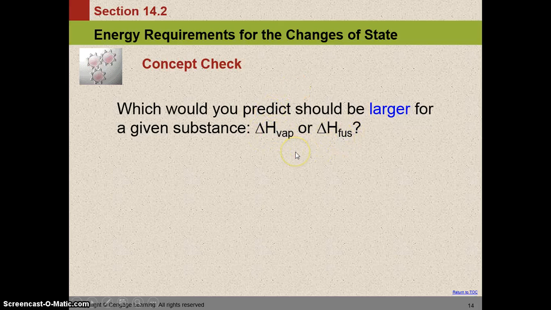So which should be larger for a substance: the amount of energy required to take a mole of substance from a liquid to a vapor, or from a solid to a liquid? And it should make sense that it's the heat of vaporization, because we're pushing those molecules even further apart, going from a liquid form to a gaseous form.